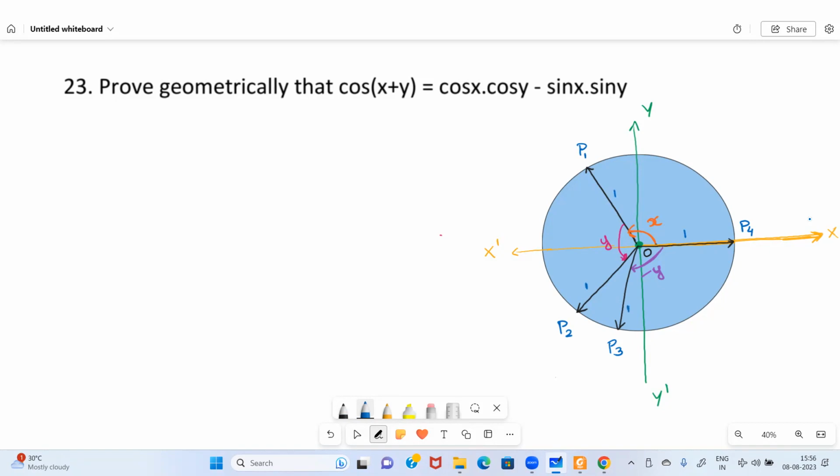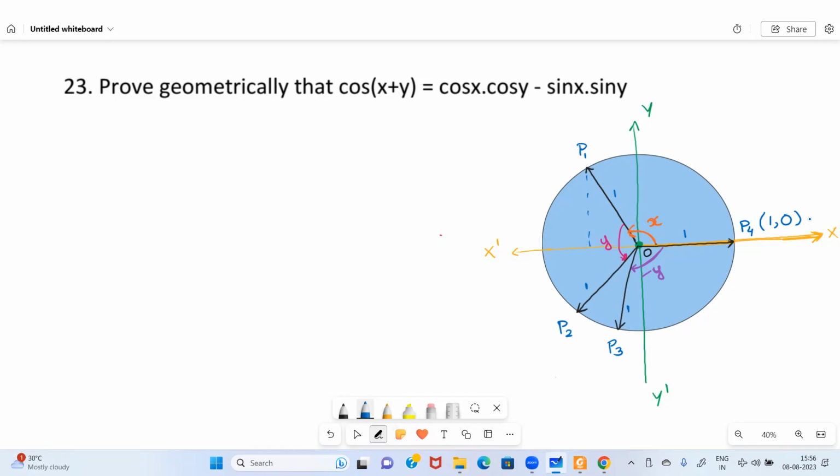This point is on the x-axis, therefore the x-coordinate would be 1, but there is no height, so the y-coordinate is 0. Now when you drop a perpendicular here, the hypotenuse is 1 and this total angle is x.